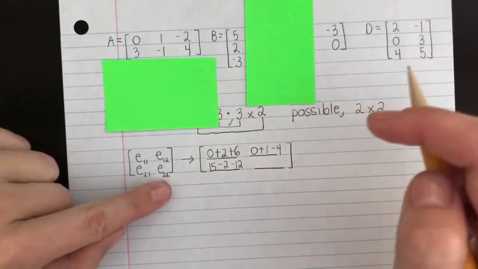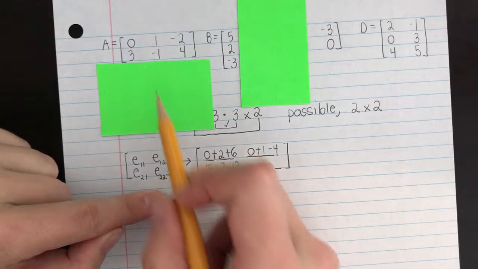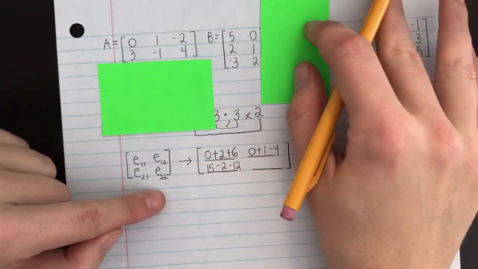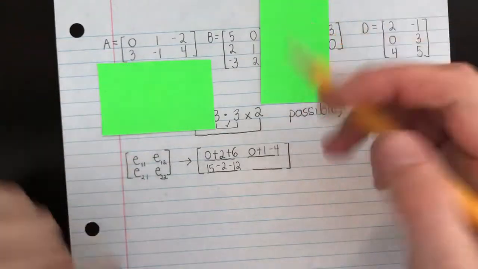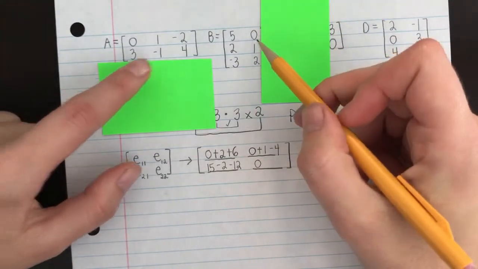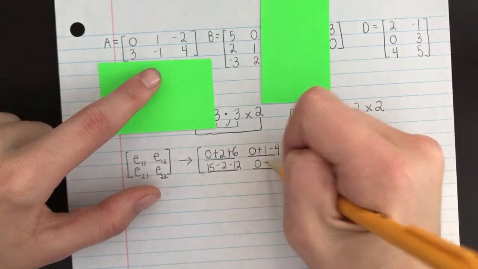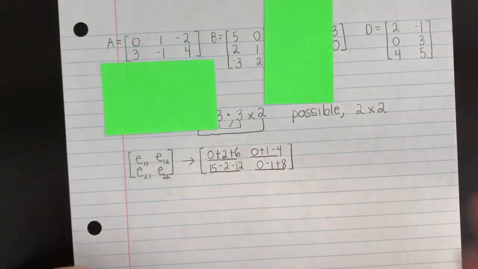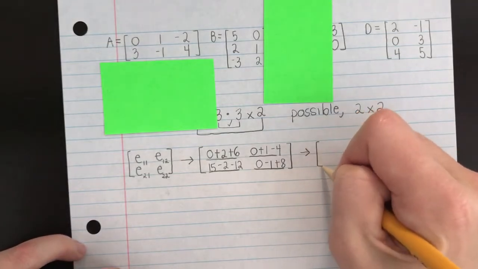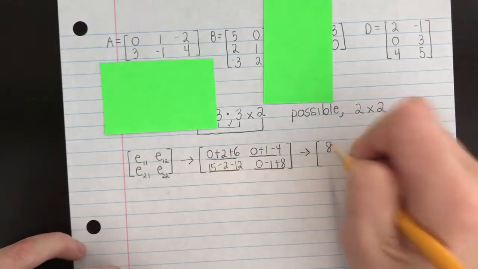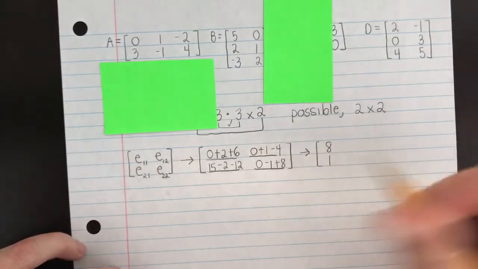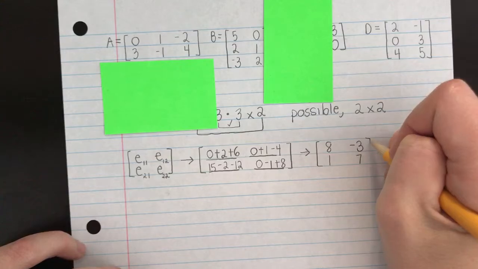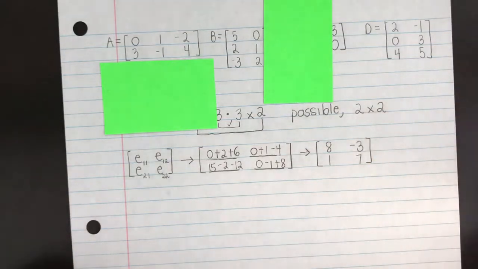All right, and then last but not least, row 2 of matrix A times column 2 of matrix B. So 0 times 3, which is 0, negative 1 times 1, which is negative 1, and then 4 times 2, which is 8. Okay, and so that tells me what my answer will be. So this would be 8, this would be 1, this would be negative 3, and this would be 7. Okay, and that's my answer.